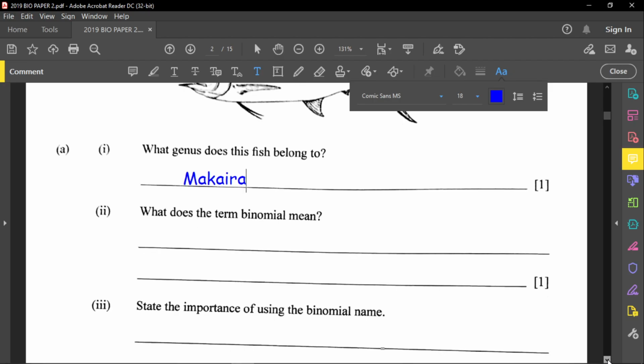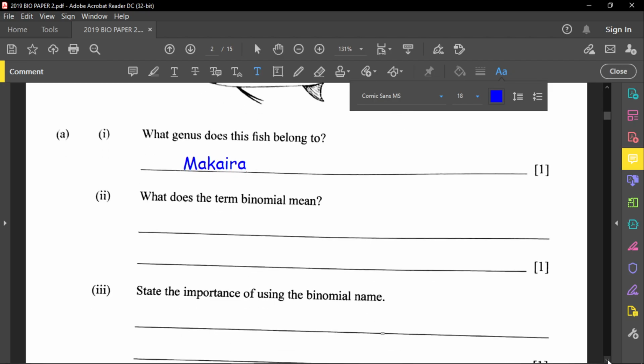Now, part 2 of A: state what the term binomial means. So binomial, as the word bi means two, and nomial means a naming system.